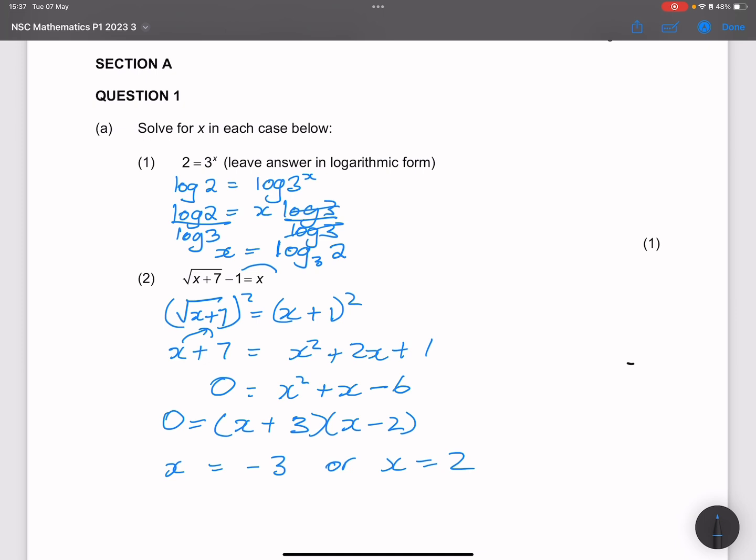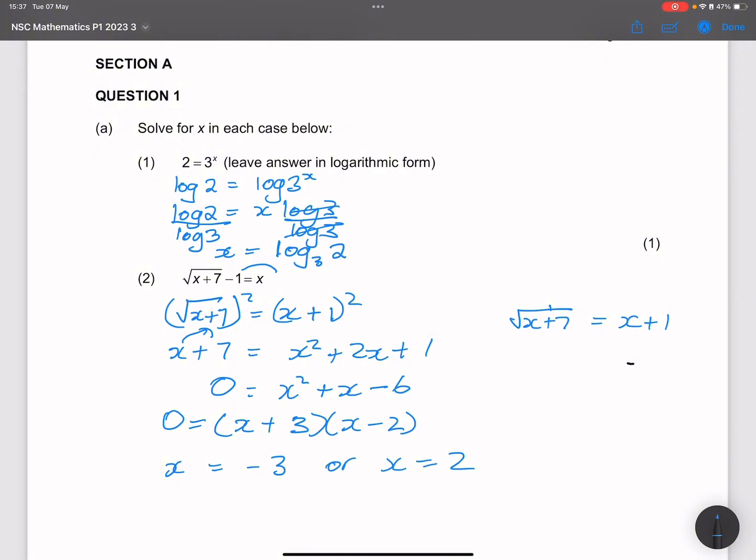Now it's very important for you to go and test the solution when you are squaring both sides. Before I had the squares, I had the square root of x plus 7 equal to x plus 1.